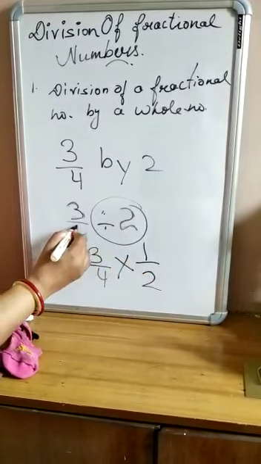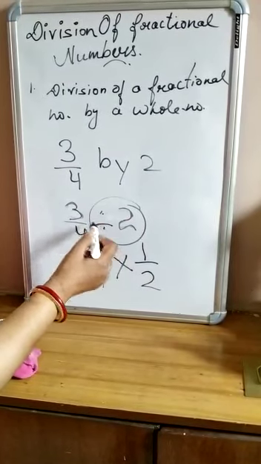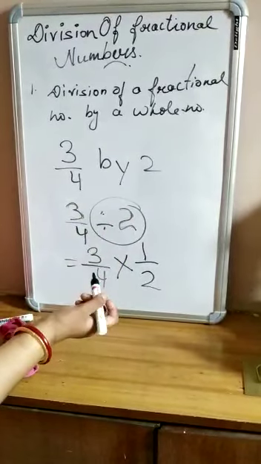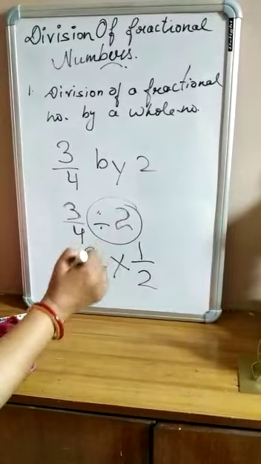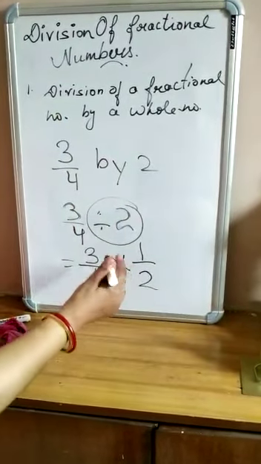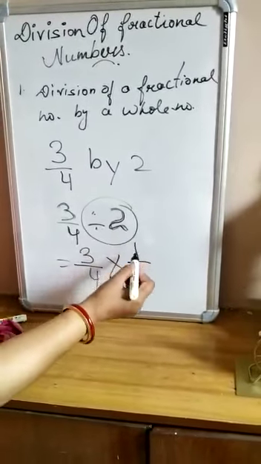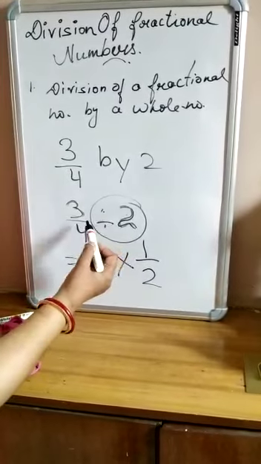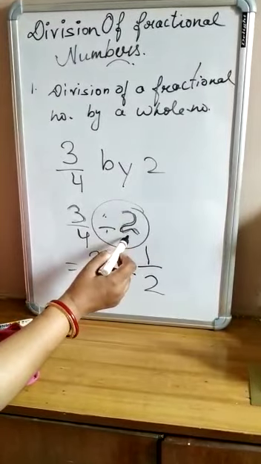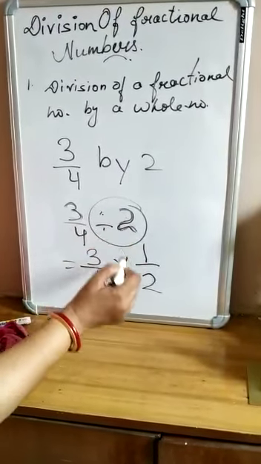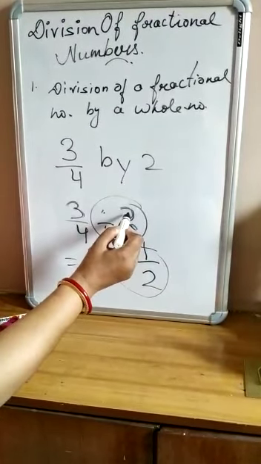So 3 by 4 divided by 2 can be done in the form of multiplication: 3 by 4 is multiplied by the reciprocal of the divisor. Okay, 3 by 4 is multiplied by 1 by 2. So, dividing by a number actually means multiplying with the reciprocal of the number. So, we will multiply with the reciprocal of 2.